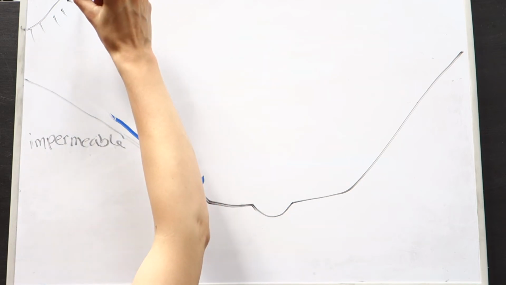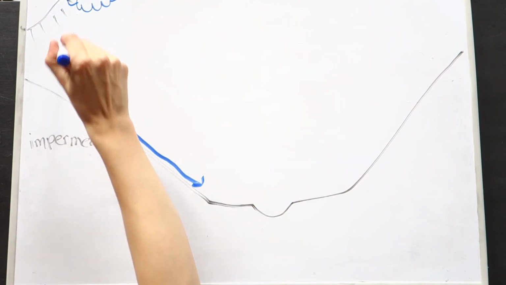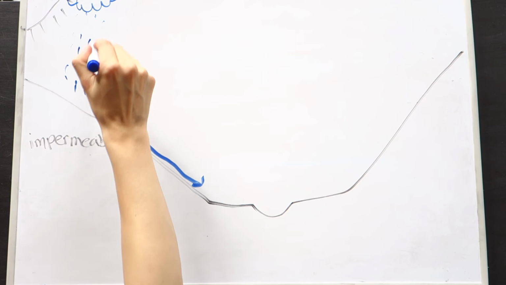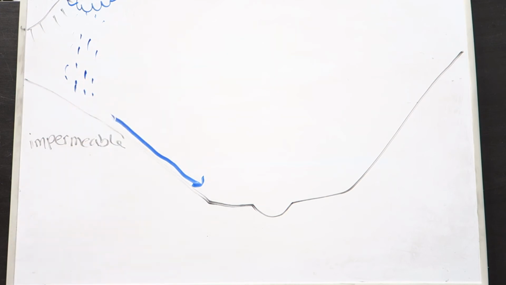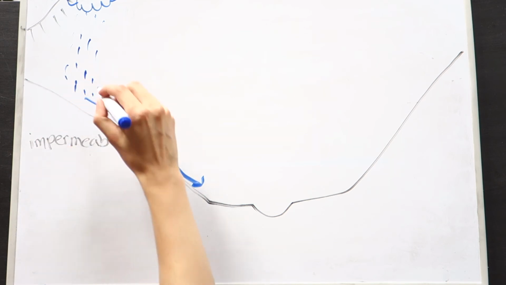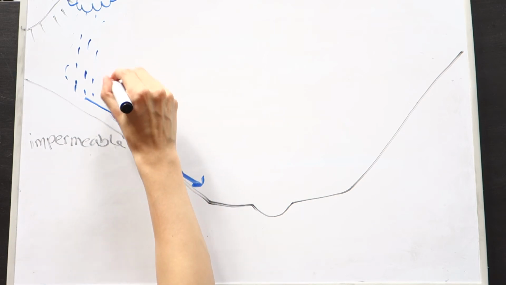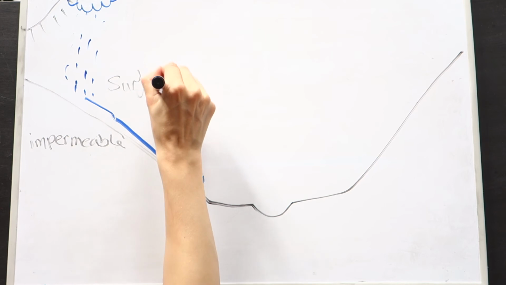So when it eventually rains after a period of really high temperatures, the rain falls onto the dry, impermeable soil, and it can't infiltrate into the soil because the soil is now impermeable. So it has to flow over the ground as, tell your screen, what we call it when water flows over the ground. Surface runoff. Well done. Surface runoff.